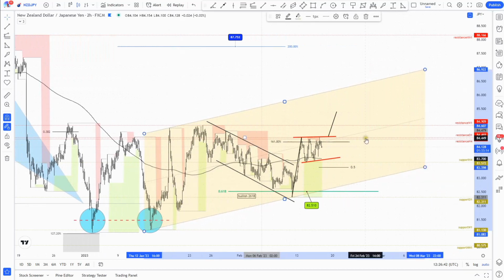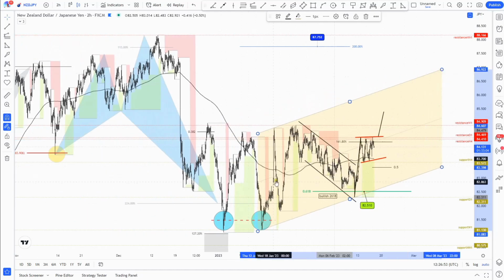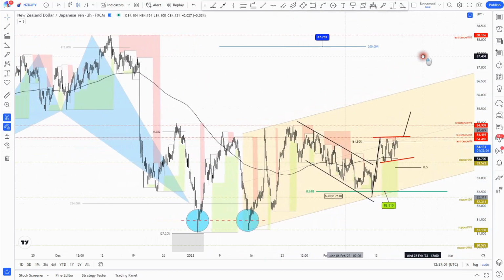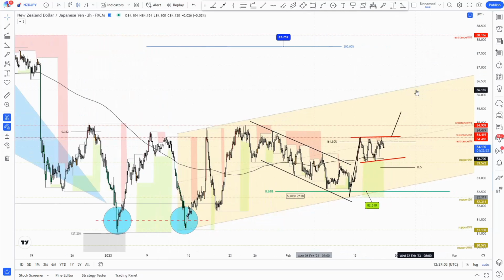But this is what the New Zealand Japanese yen may offer in the future, a big ascending channel, or a nice ascending channel, and we may see it if the price is capable of reinforcing the highs again during that process.